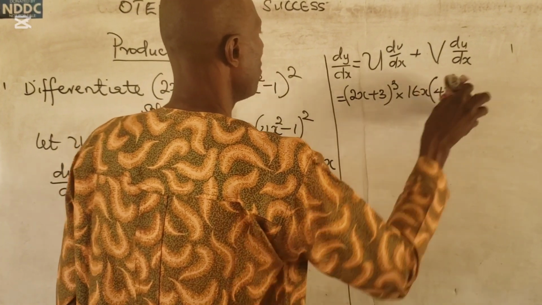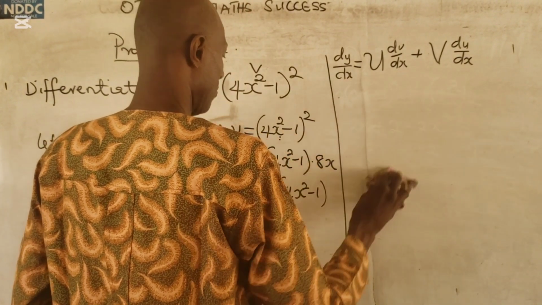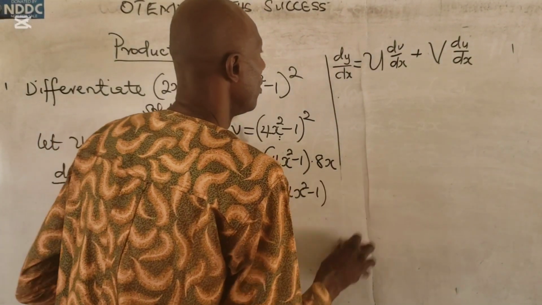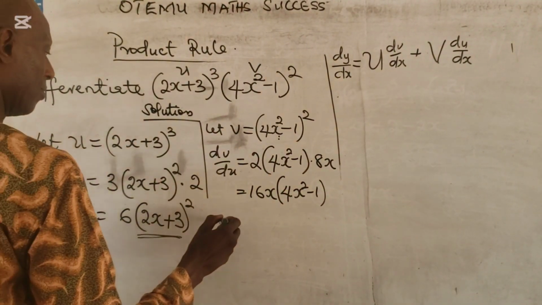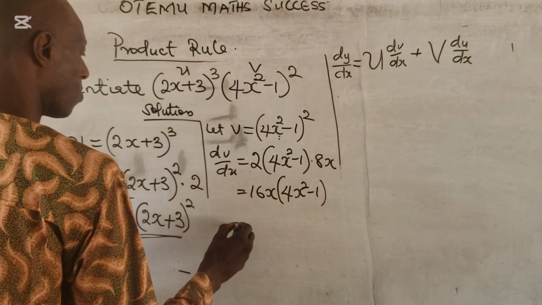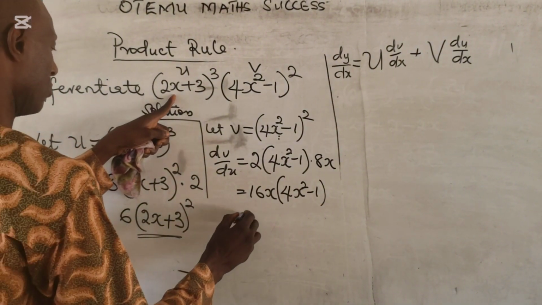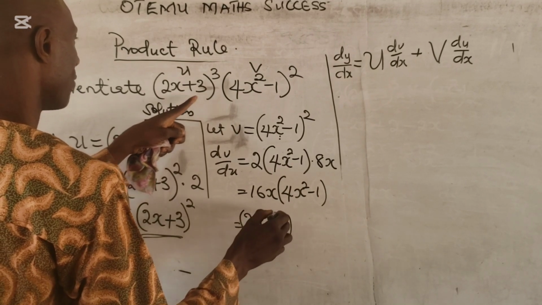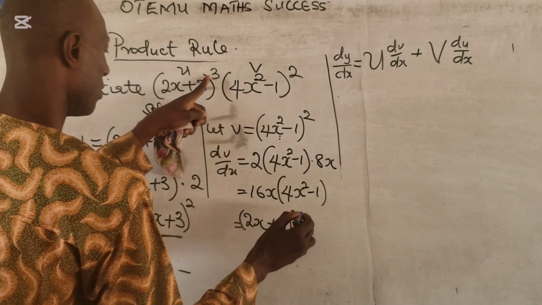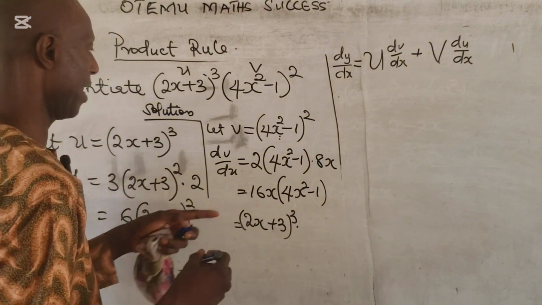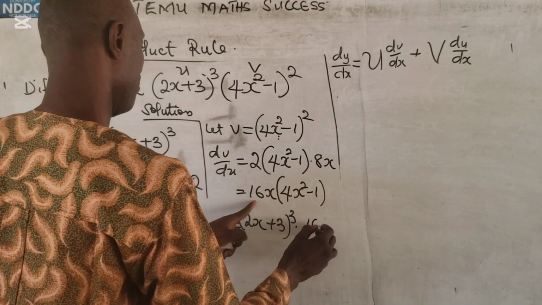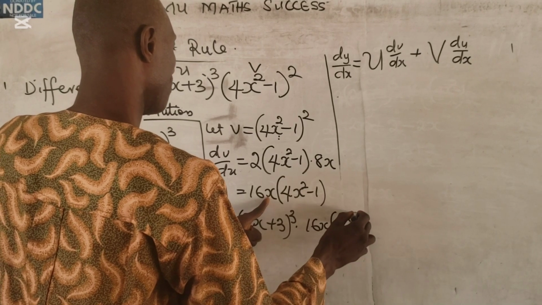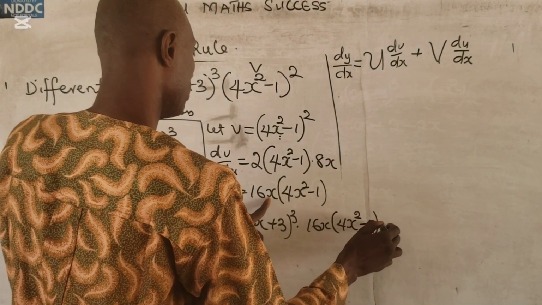Okay, this place will not be enough. Let me just take it down and write it down here. Now, what is u? U again, I write it again, (2x + 3)^3 times dv/dx again is 16x into (4x^2 - 1).